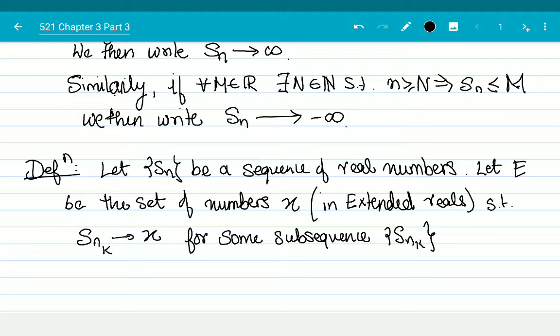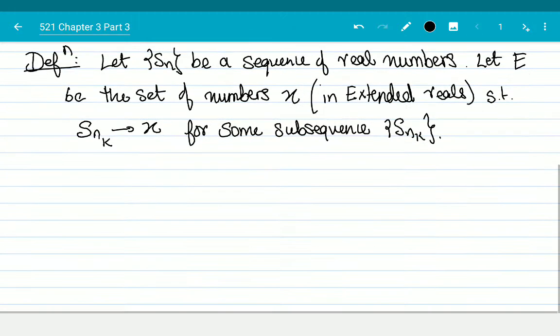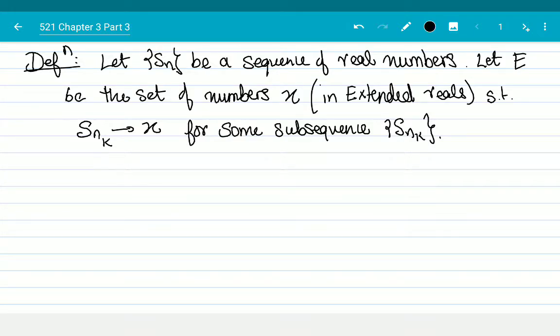Then E can potentially contain positive infinity and negative infinity, by definition of extended reals. We are allowing them to exist in E.